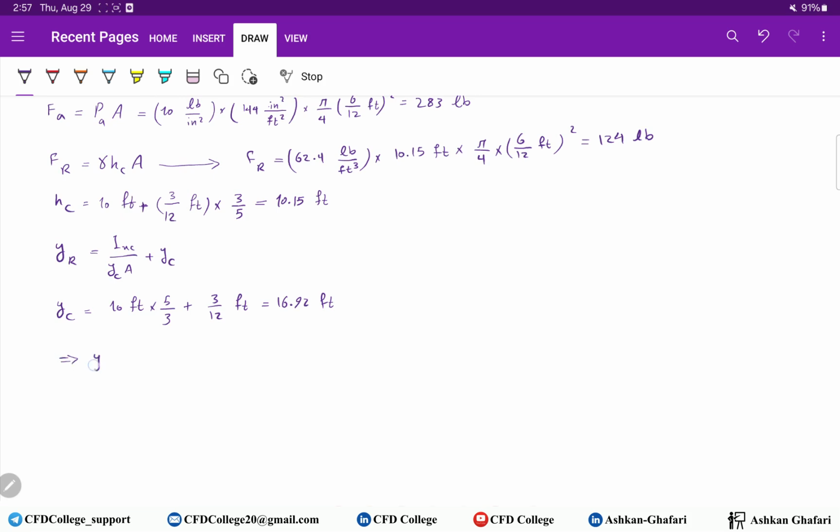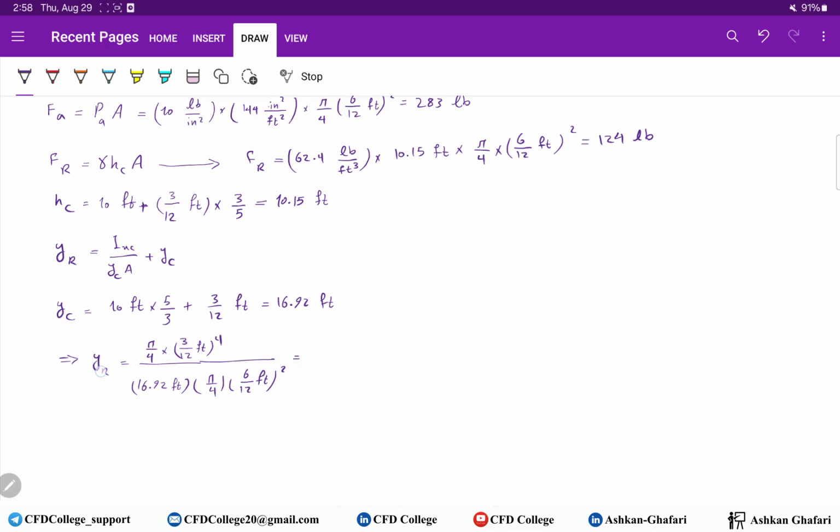So YR equals IXC pi over 4. You can find the formula in the table in the book, times radius divided by 12 feet to the power 4. YC, we know that 16.92 feet times area pi over 4 times 6 over 12 feet square.